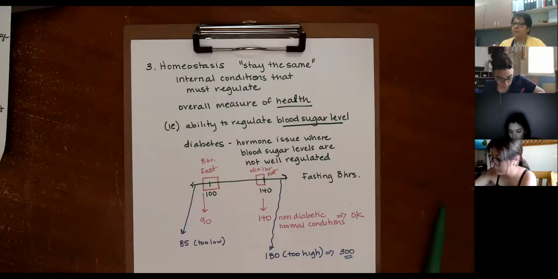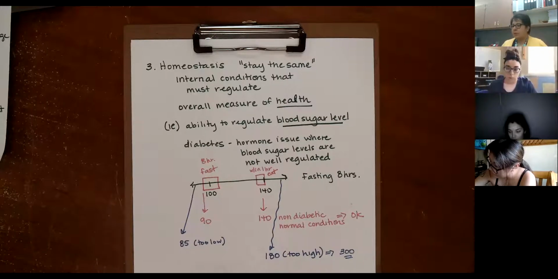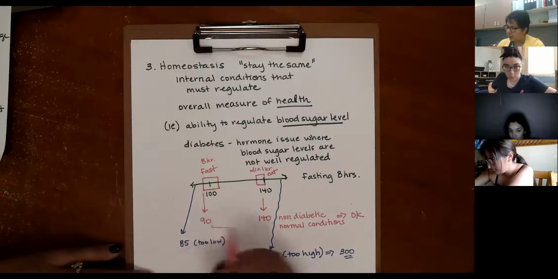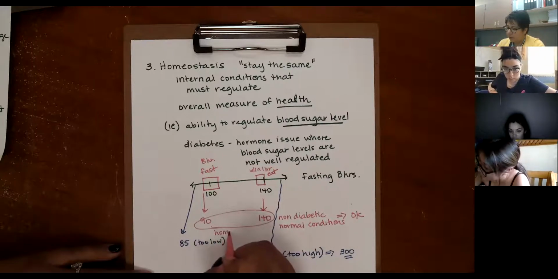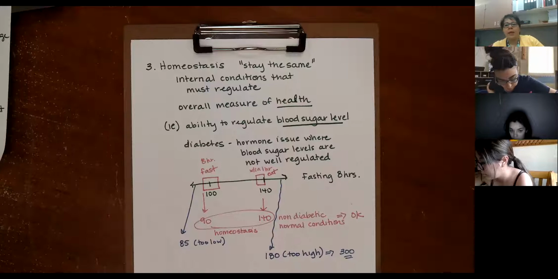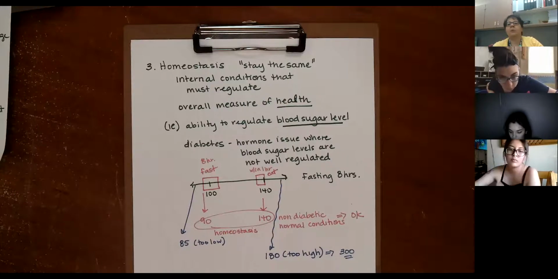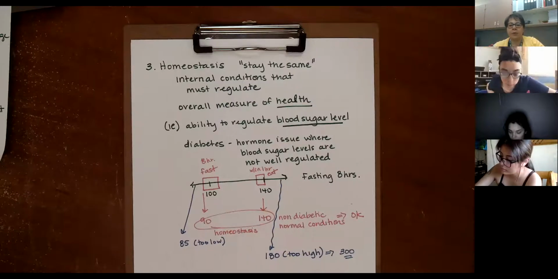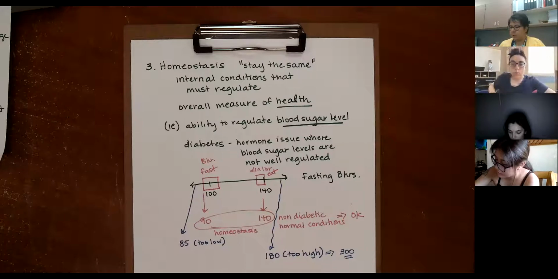So people who have diabetes have a hard time regulating their blood sugar levels, and they have to do so by either watching their diet or taking medication or using insulin. They do something to regulate those blood sugar levels. The acceptable range of 90 to 140, that's an example of your homeostasis. That's totally normal, and it's not unusual for somebody's blood sugar levels to have that wide of a range, even if they are diabetic.